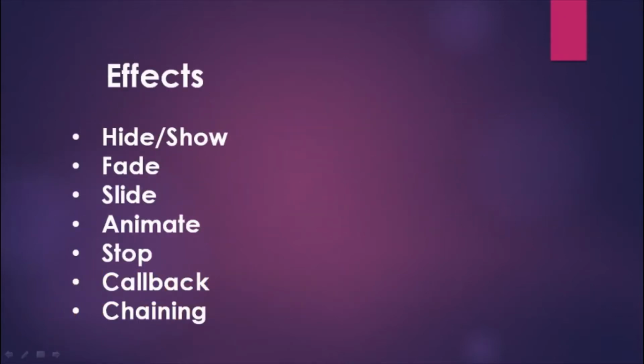Some effects that we have in jQuery are hide, show, fade, slide, and animate, and we're going to be taking a look at some of these examples. There's really a large library of events, effects, and animations that you can do in jQuery, so we won't be able to cover them all.